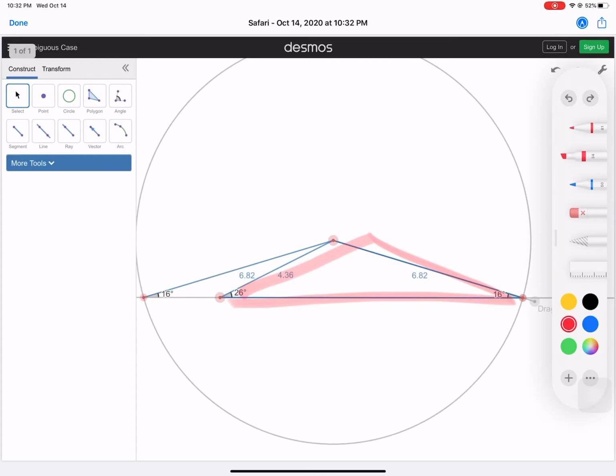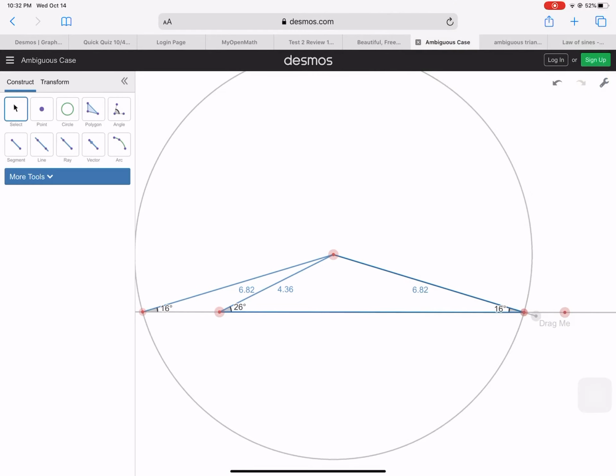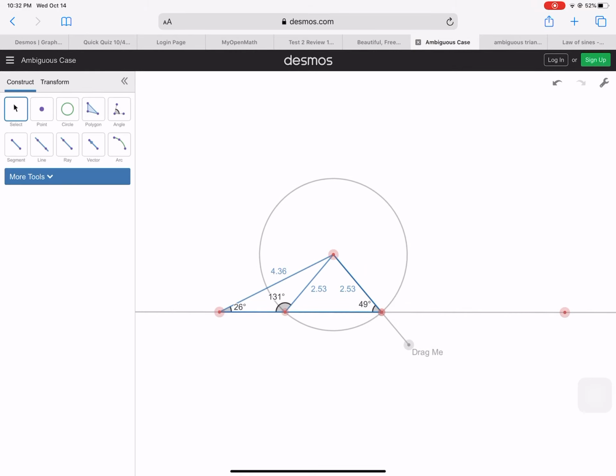Another relationship we want to see real quick is that in this triangle, I want you to take a look at these two angles specifically: the angle we get from law of sines and the angle we don't. So this is our supplementary angle. We always subtract from 180 and we'll get this other angle. 180 minus 49 is going to give 131.